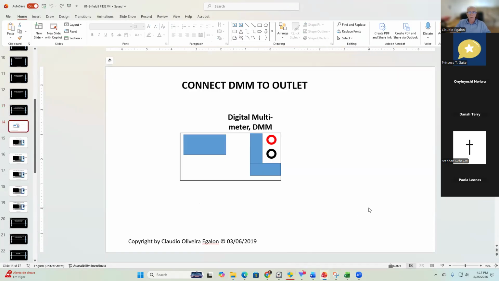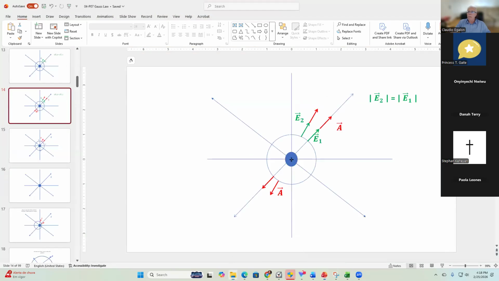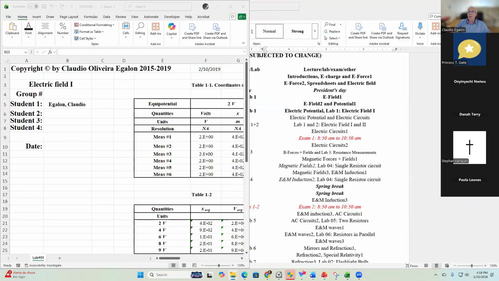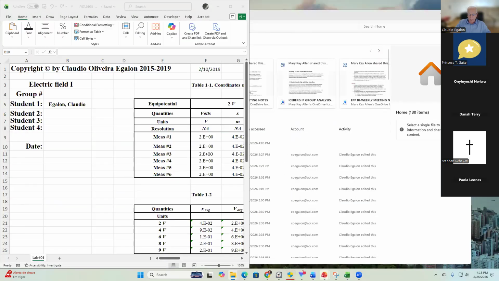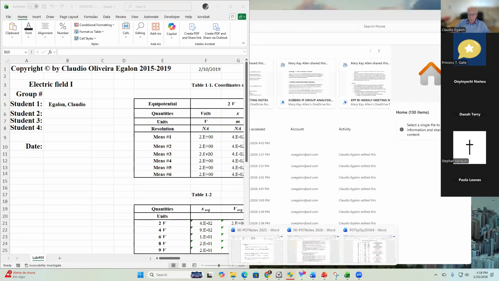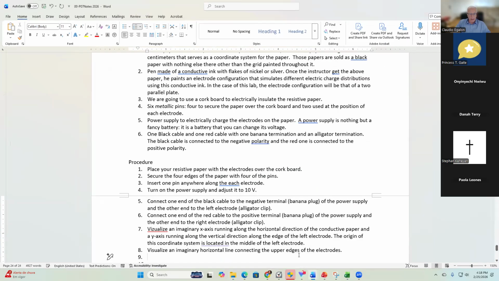And what else? Now we're going to use a multimeter. The digital multimeter is a standard instrument in any electronics lab, in any physics lab as well. So let's put it here.